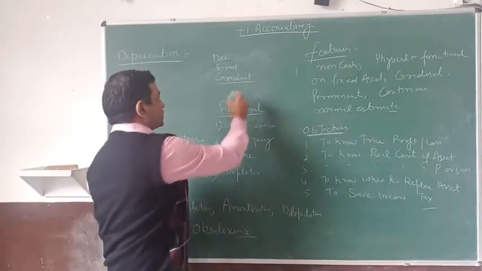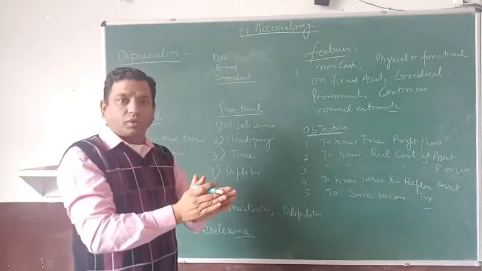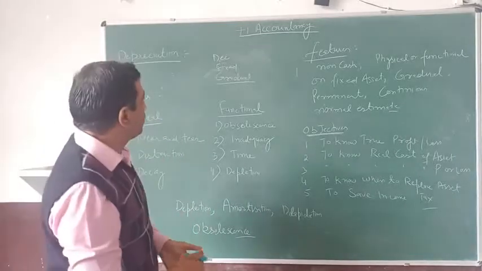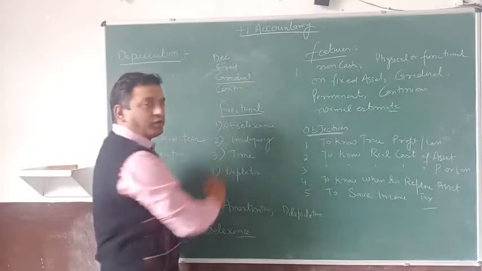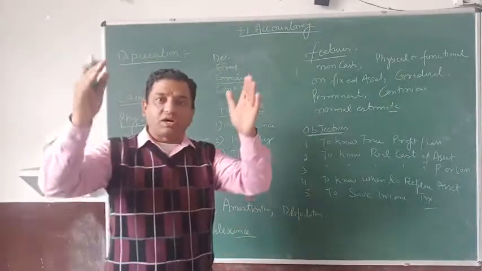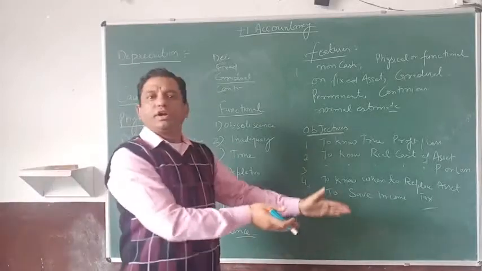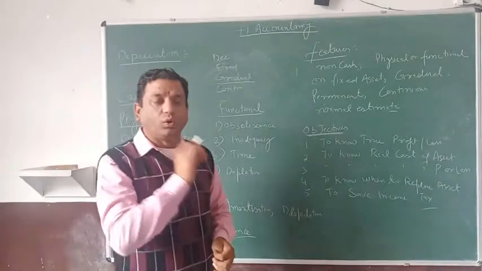The depreciation is the decrease which should be slow. You cannot imagine that, you cannot feel that. Then it is continuous. Continuous means once the value of the asset starts decreasing, it will keep on decreasing until and unless its value becomes zero.